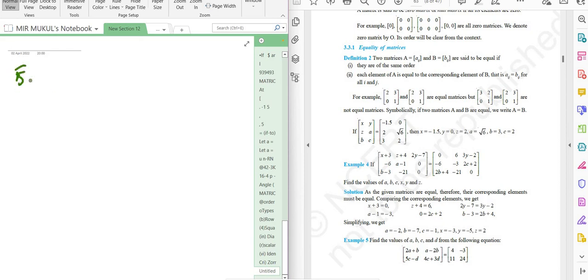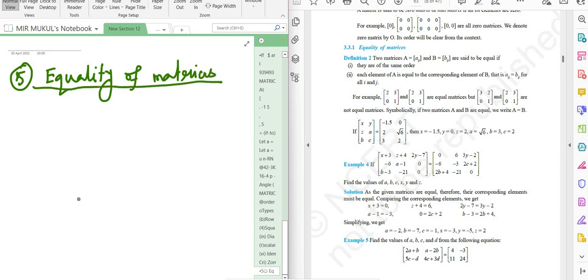Now, fifth, equality of matrices. When can we say two matrices are equal?